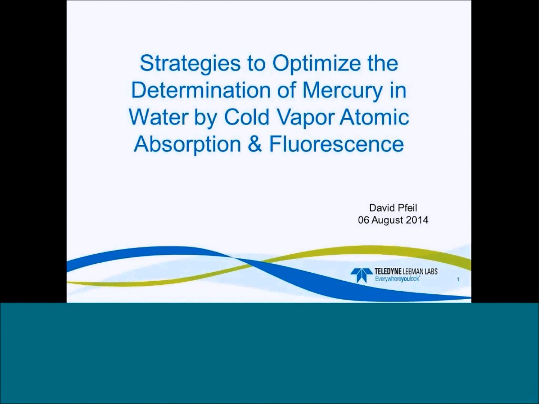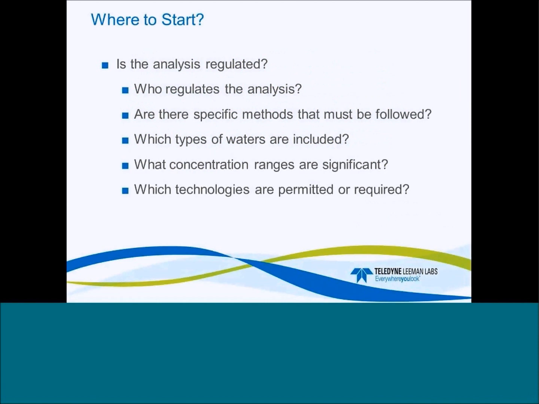So without further ado, I'll get straight to the topic at hand, which is really the determination of mercury in different types of waters. You have to start by going back to look at what you're really analyzing. Typically, the determination of mercury in waters is a heavily regulated analysis.